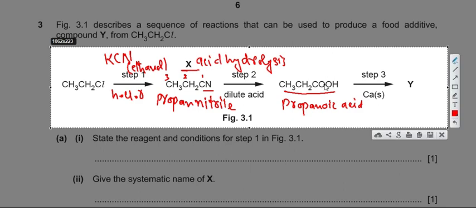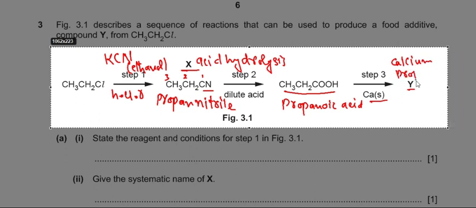Next step, the propanoic acid reacts with the metal calcium, producing Y. So it could be what? Calcium propanoate. We will get calcium propanoate. We may write the equation if demanded.